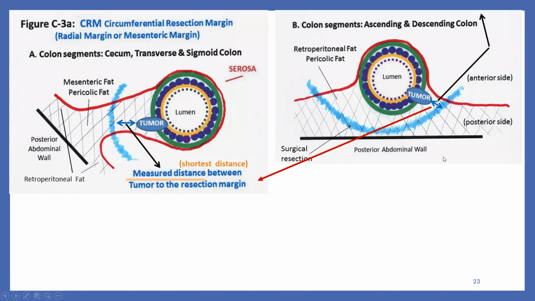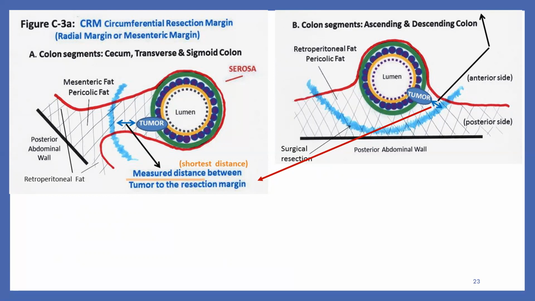Okay, so looking back at this diagram of the CRM margin, we're talking about the margin around the tumor, circumferential. Look at the tumor in example A and example B. Then look at the measured distance from the edge of the tumor to the radial margin, which is the incision through the mesenteric or pericolic fat or retroperitoneal fat.